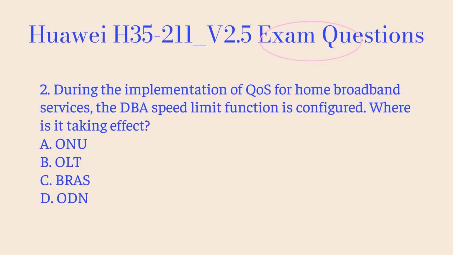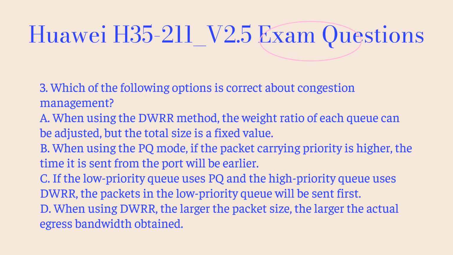During the implementation of QoS for home broadband services, the DBA speed limit function is configured. Where is it taking effect? A. ONU, B. OLT, C. BRAS, D. ODN.